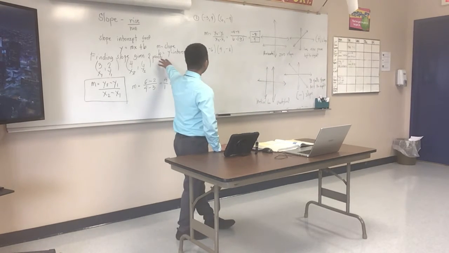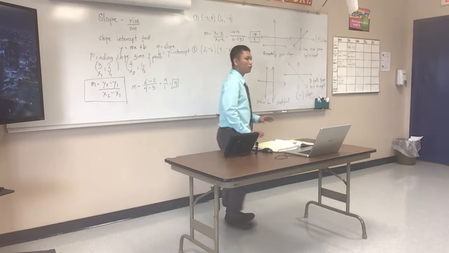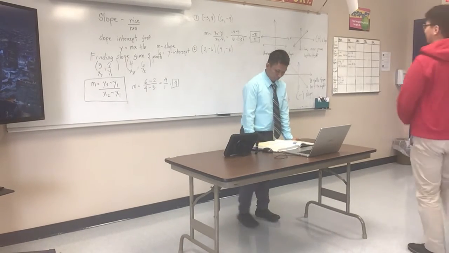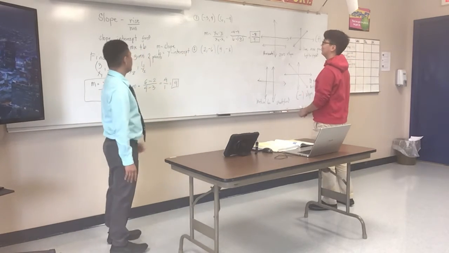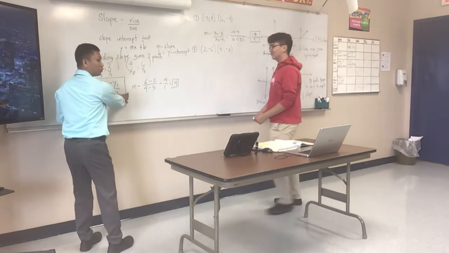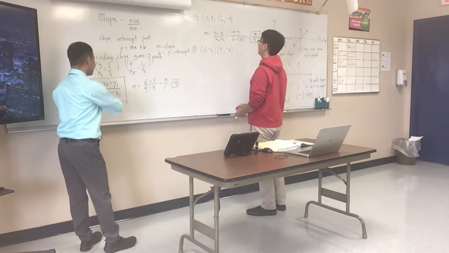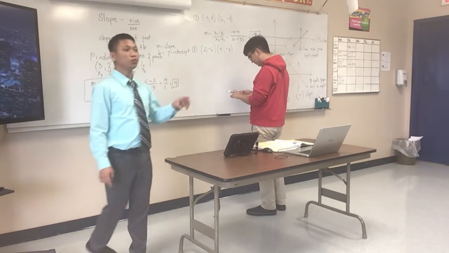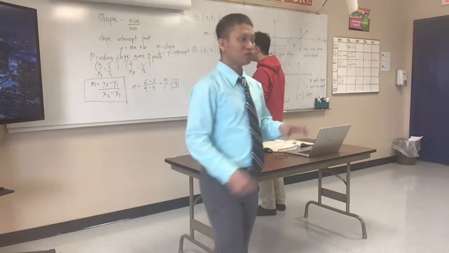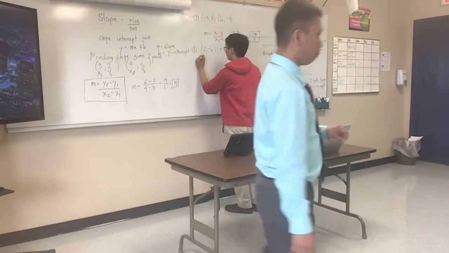For example, given the 2 points, what would be our equation of the line? You're solving for the slope. We have the formula, right? M is equal to y sub 2 minus y sub 1 over x sub 2 minus x sub 1 to solve for the slope, or M.